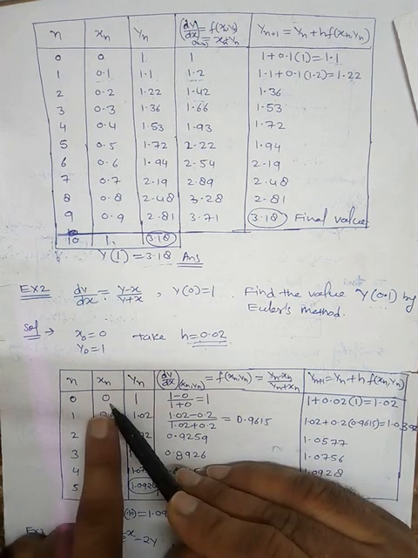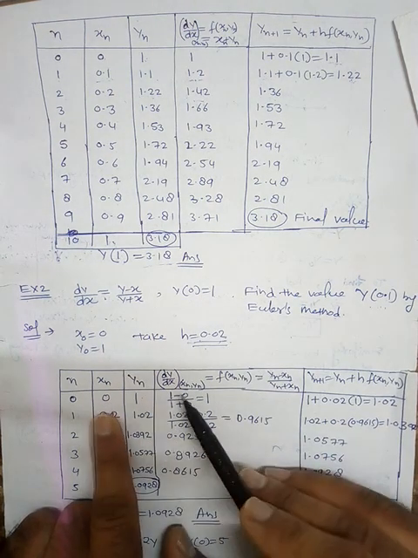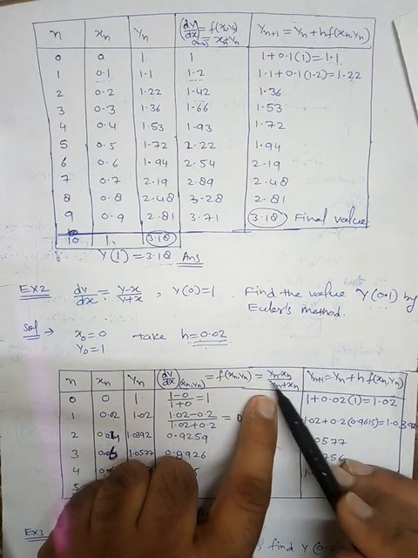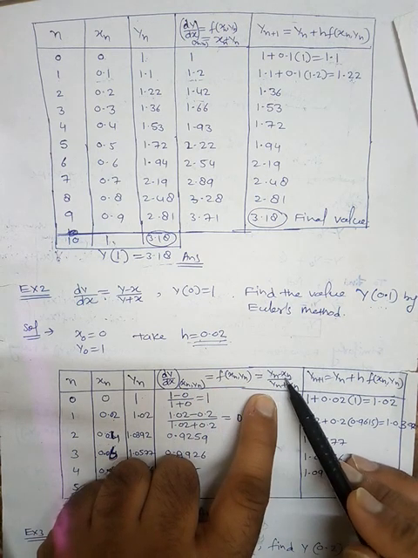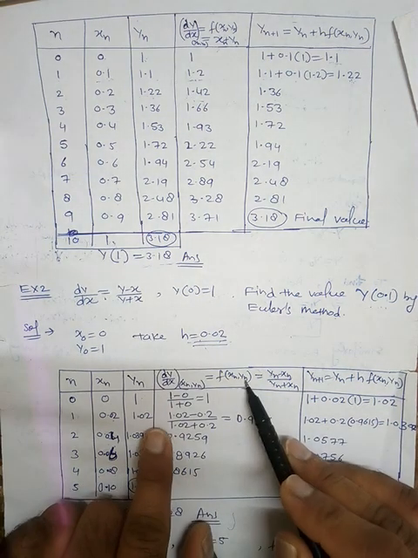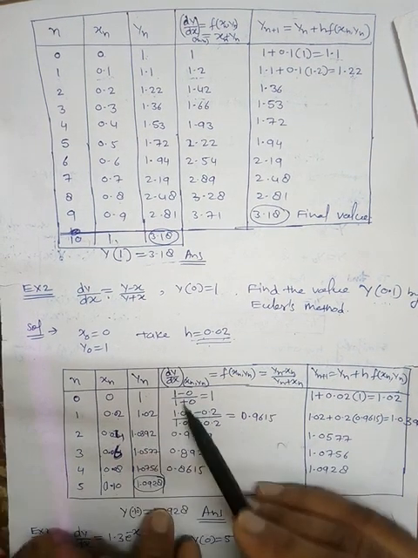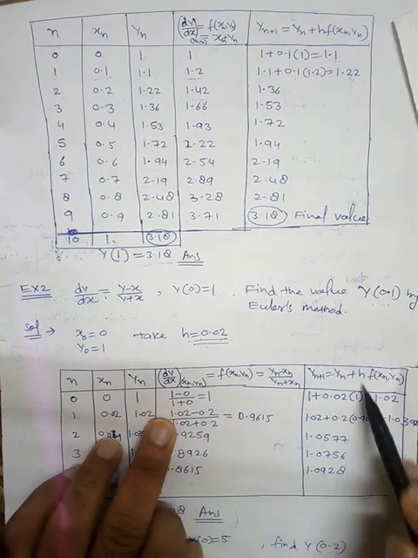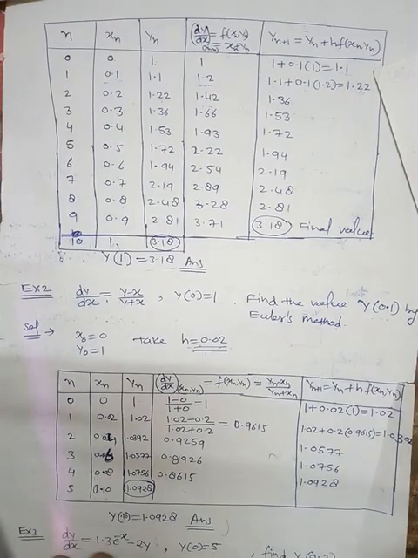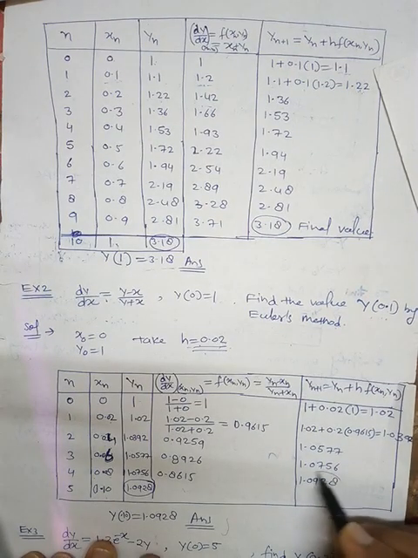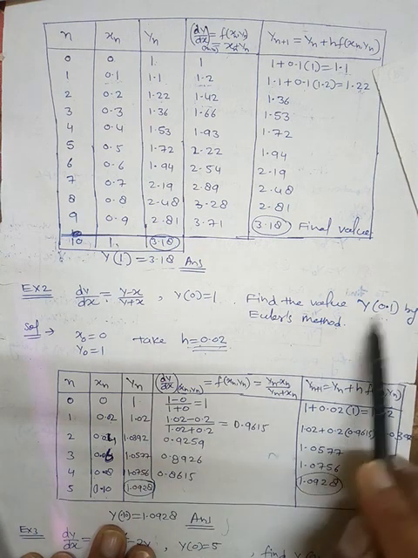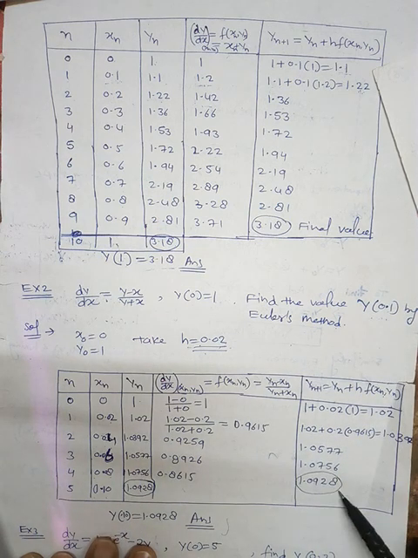At 0 the value is 1, and dy by dx is f of xn and yn, which is yn minus xn divided by yn plus xn, because this function is given. Find f step by step, then use this formula and find the solution. The final solution: y at 0.1 is 1.0928.